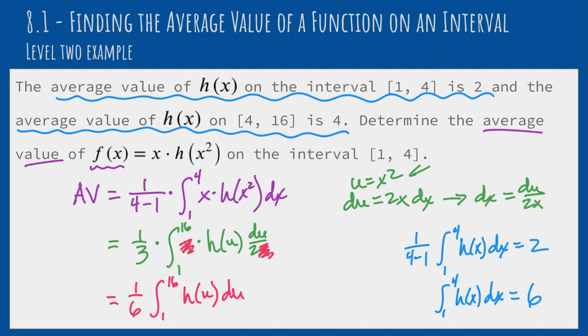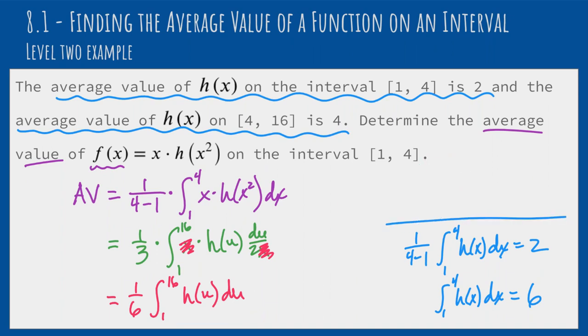I'm going to erase a little bit here to give myself a little room. Using that, we can say that 1 over 16 minus 4 times the integral from 4 to 16 of h of x dx is equal to 4. So 16 minus 4 is 12.